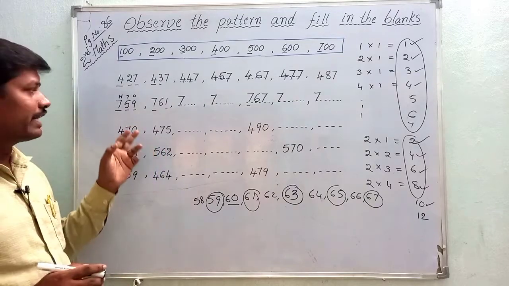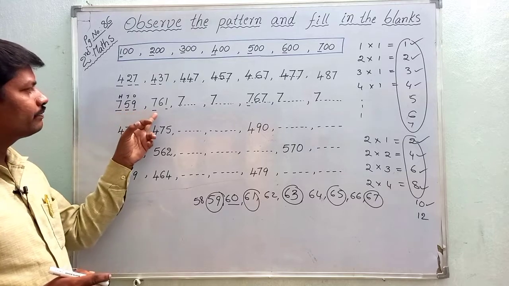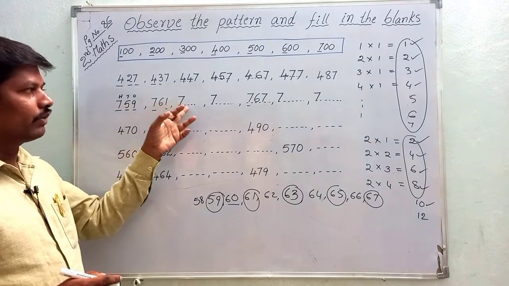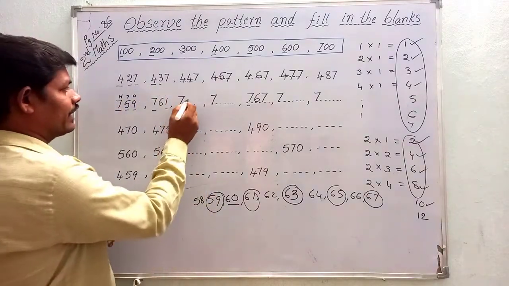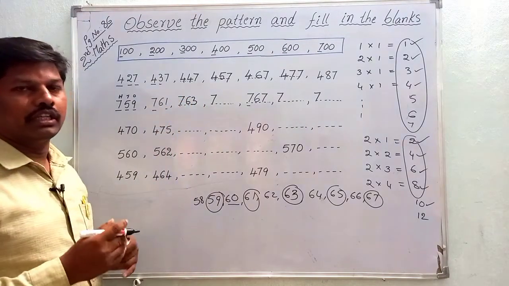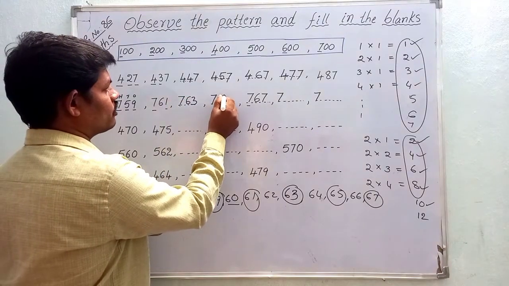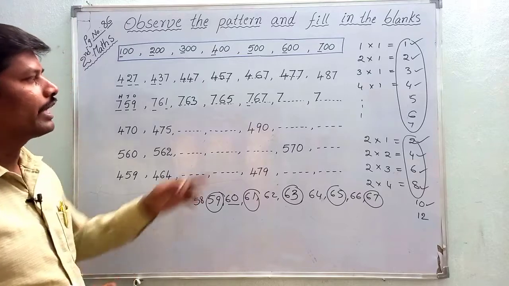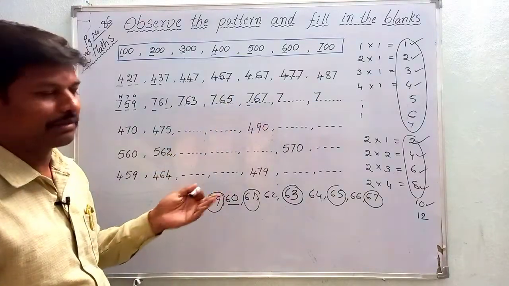So now let us write tens place and ones place. 59, next we are leaving 60 and 61. Then what is the number? 62 we have to leave and write 63. Then you leave 64 and write 65. And next we have to leave 66 and write 67, already it is there.